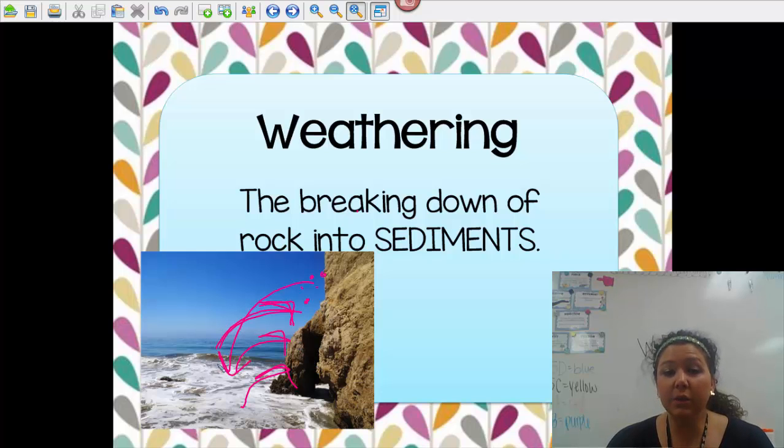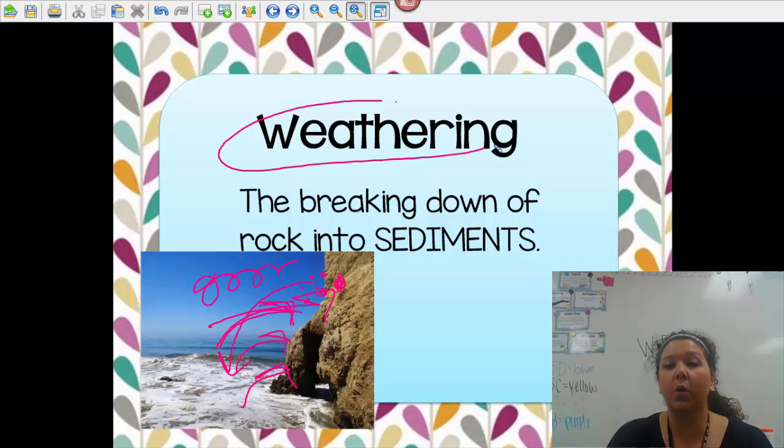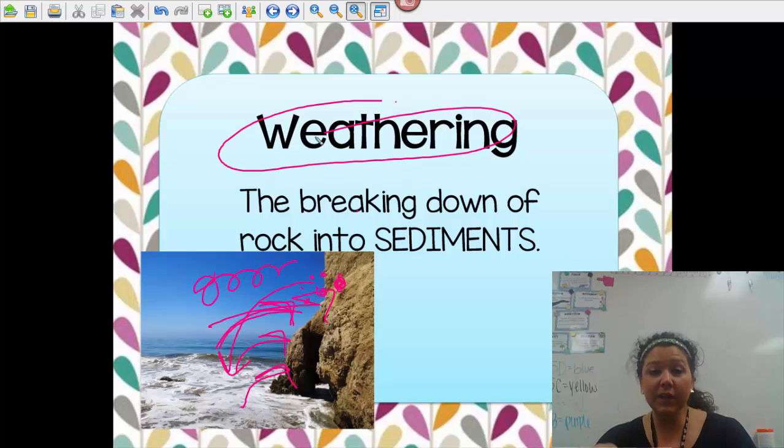The water, or even the wind, hits the rock and breaks a piece off. That is called weathering. Rocks can break down because of wind or waves or water or even ice. Any of those things, when they hit those rocks, can break tiny pieces off. So that's our first WED process, weathering.